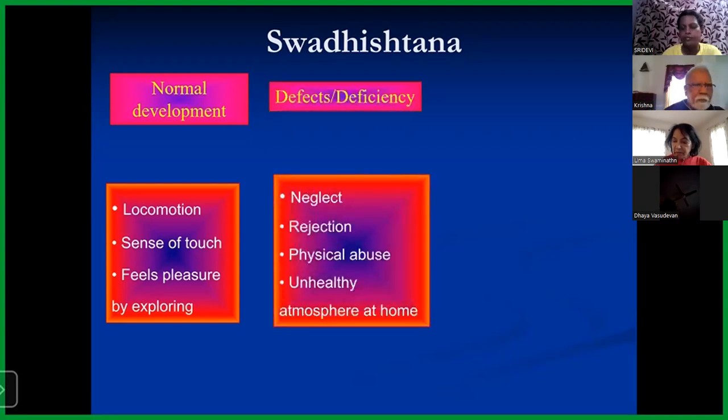Now, what happens when the child talks, when the child walks, when the child reaches some other objects, etc. When it tries to walk, the muscles are not fully developed. It's trying to grow, but it is not fully developed.